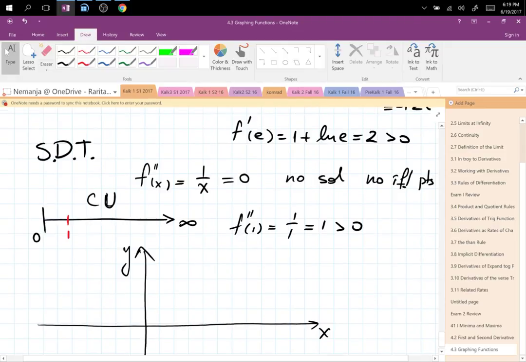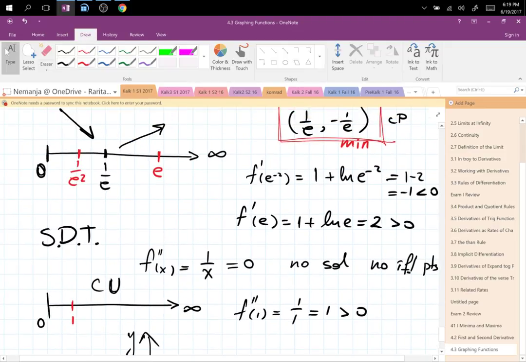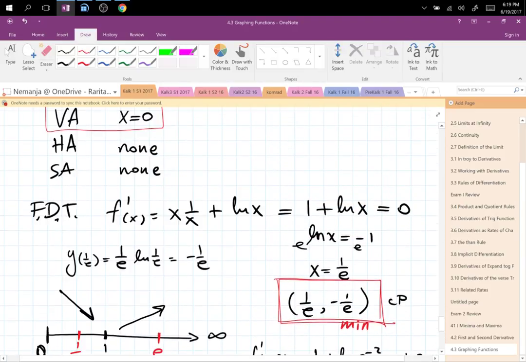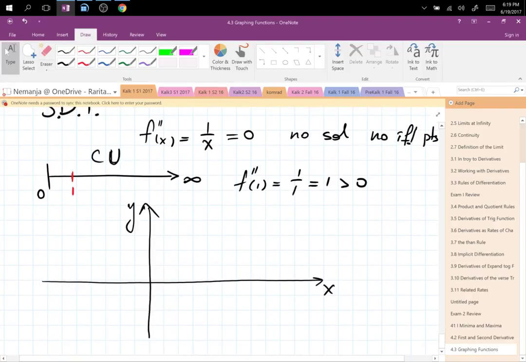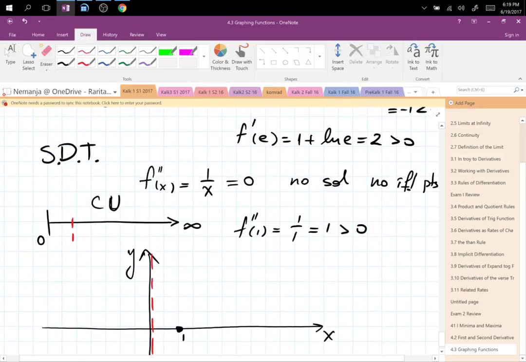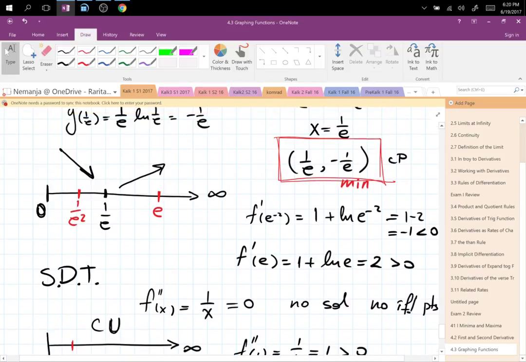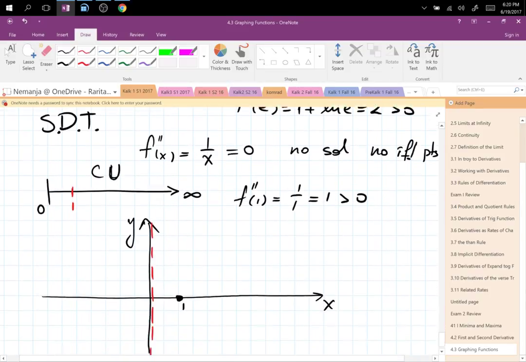And we have the x-intercept. The x-intercept was what? At 1. That's the x-intercept. We have the vertical asymptote there. And we have a minimum at (1 over e, negative 1 over e).